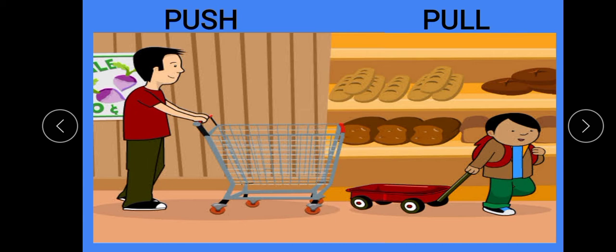To move things closer to you is called pull. Look at the second picture. A boy is pulling the cart.